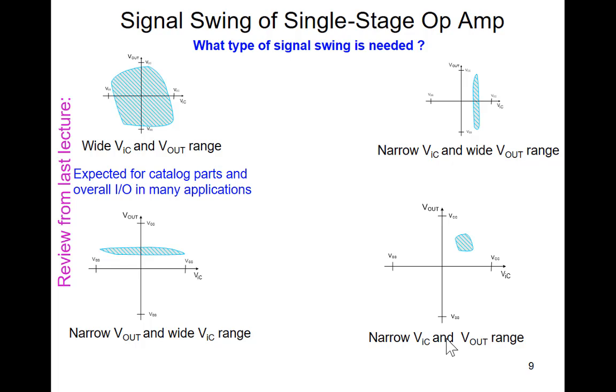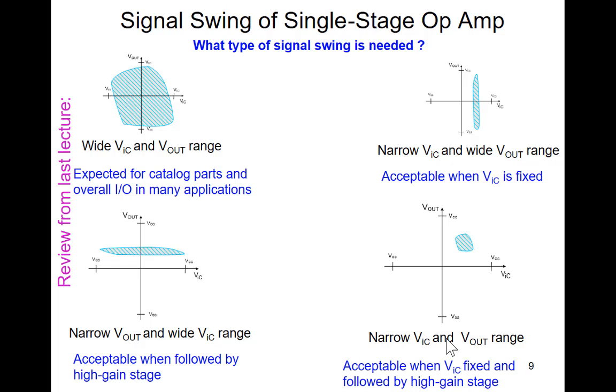And we observed that there were applications for all four types. And it's important to know where you're using your amplifier to know which one of these types of swing characteristics you want to strive for. If you're doing a catalog part, what do you usually strive for? The top left. You'd like a large common mode input range and a large output range.